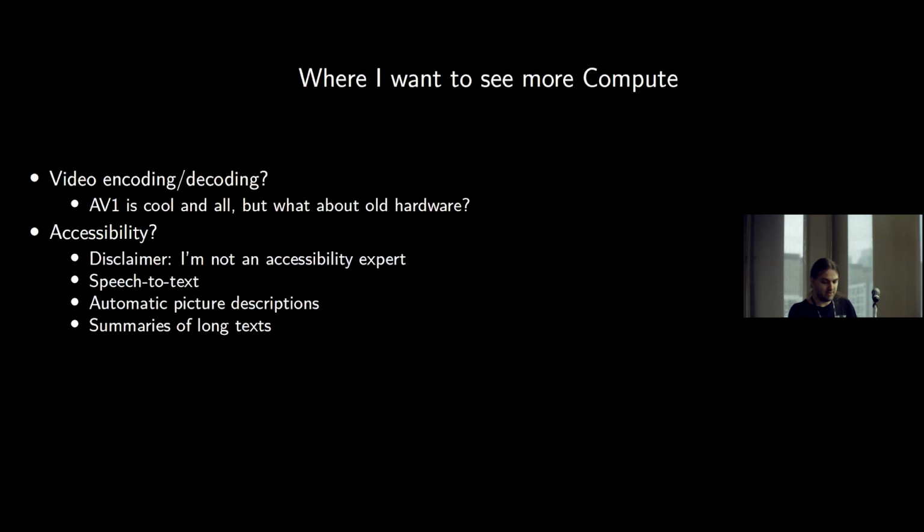Things like automatic picture descriptions, which is a problem in social media, especially because there are a lot of people who just don't care about this all that much. And if we could have some widely available compute API, maybe it would solve this problem.